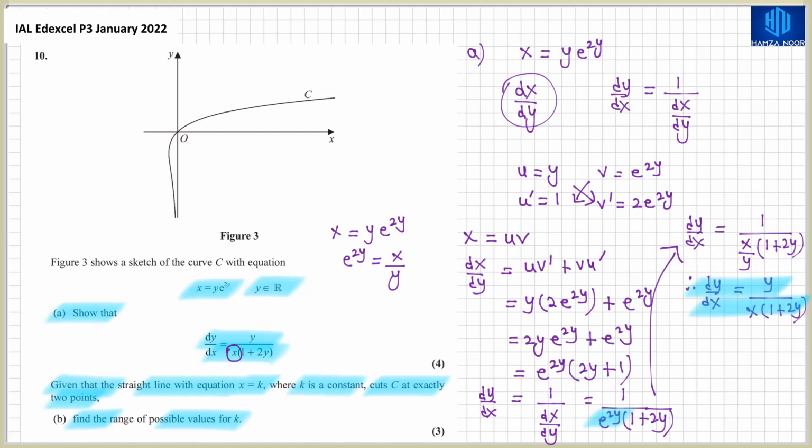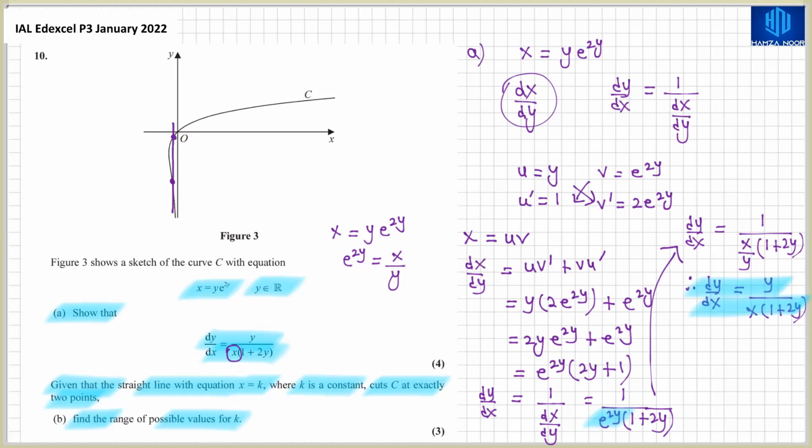So this essentially means that the line would be something like this, which would give you 2 points of intersection with the curve. So this essentially means that k is supposed to be less than 0 at any cost.